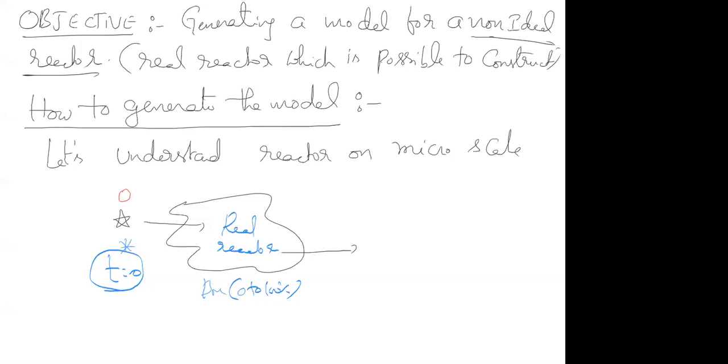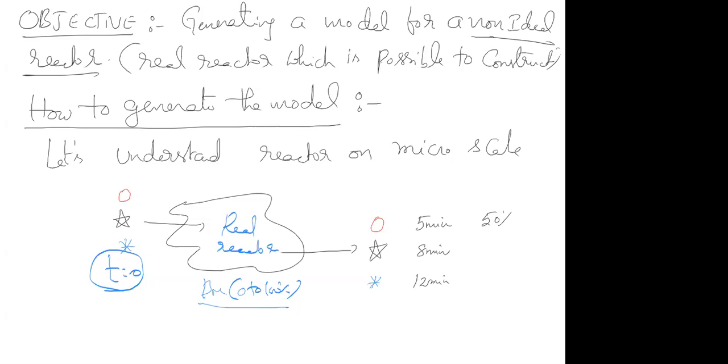Since this is a real reactor where you have some back mixing, these particles will exit at different times. So let's say this comes at 5 minutes, this comes at 8 minutes, and this comes at 12 minutes. The one which comes at 5 minutes may have 50% conversion.